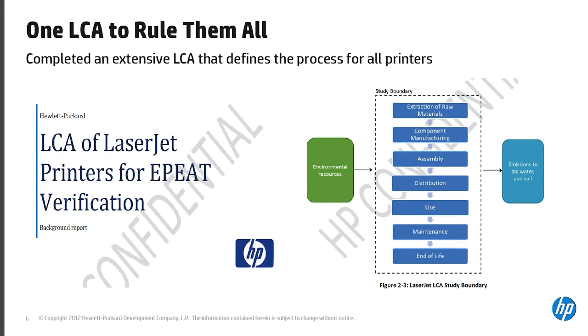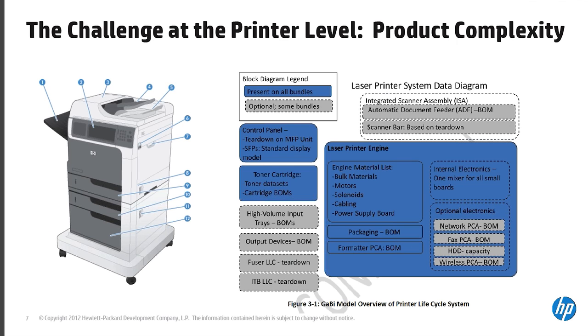What this LCA does then is it says when we run one of our products through this model, here's what goes in, here's exactly how it's modeled, and here's how the data is produced, just like you would expect with any LCA report. So the challenge at the printer level, as I mentioned earlier on, is the complexity of the device. And there's certain things that are core to each and every printer. It's going to have a paper feed mechanism. It's going to have some way of putting an image on a piece of paper.